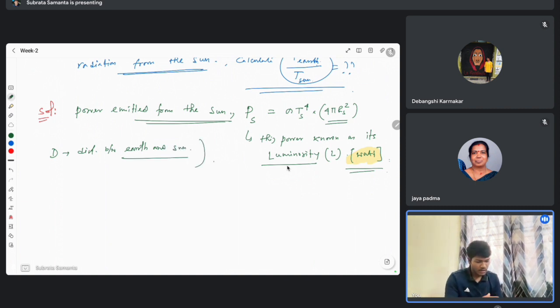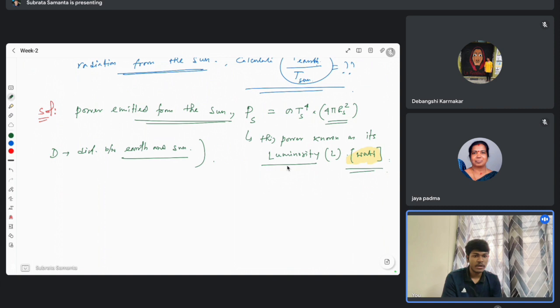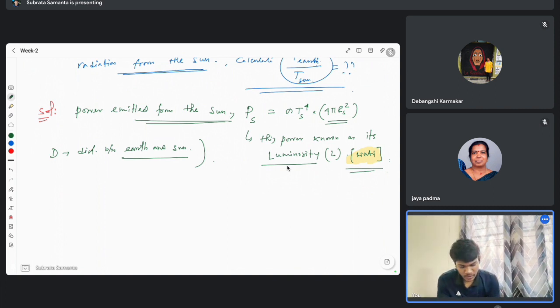So this luminosity is uniformly distributed over a sphere with a surface area of 4 pi d square. So let's say this is your sun and this is the source. This is spherical power emitted, and you will say that at some distance d, again this is uniformly distributed over this surface, right?